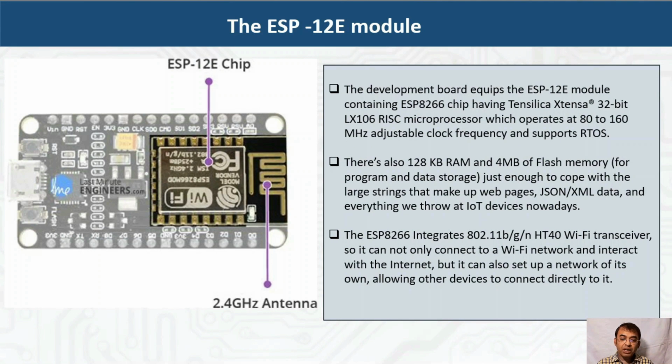So now what is the ESP12B module? You can see, guys, the picture. The development board equips the ESP12B module containing the ESP8266 chip having a 32-bit LX106 RISC microprocessor, already I told you, which operates at 80 to 160 MHz adjustable clock frequency and supports RTOS.